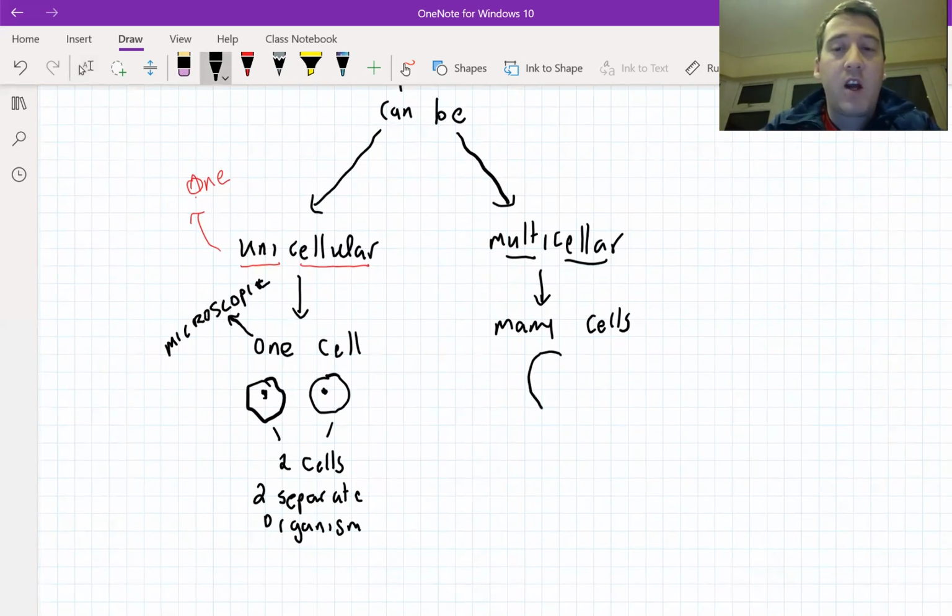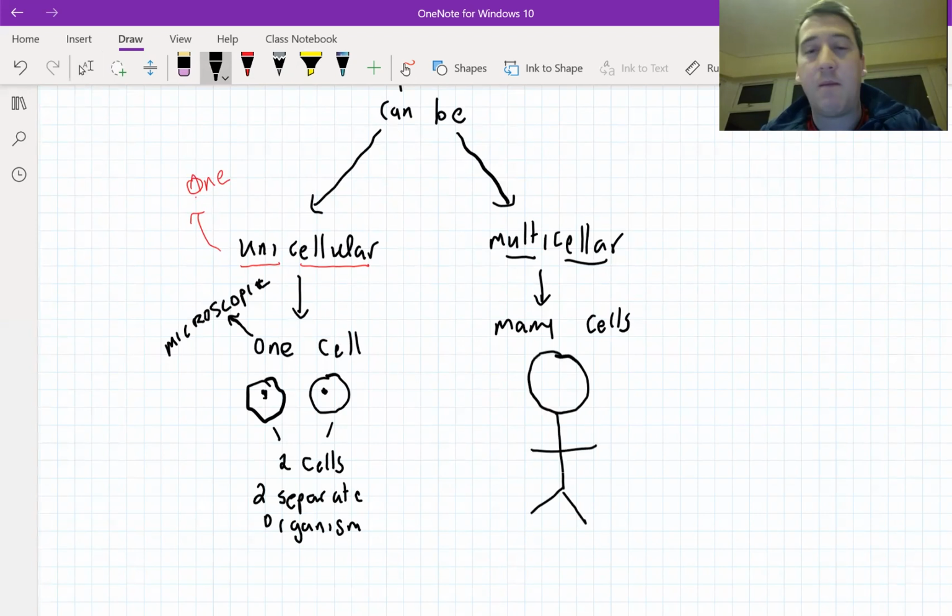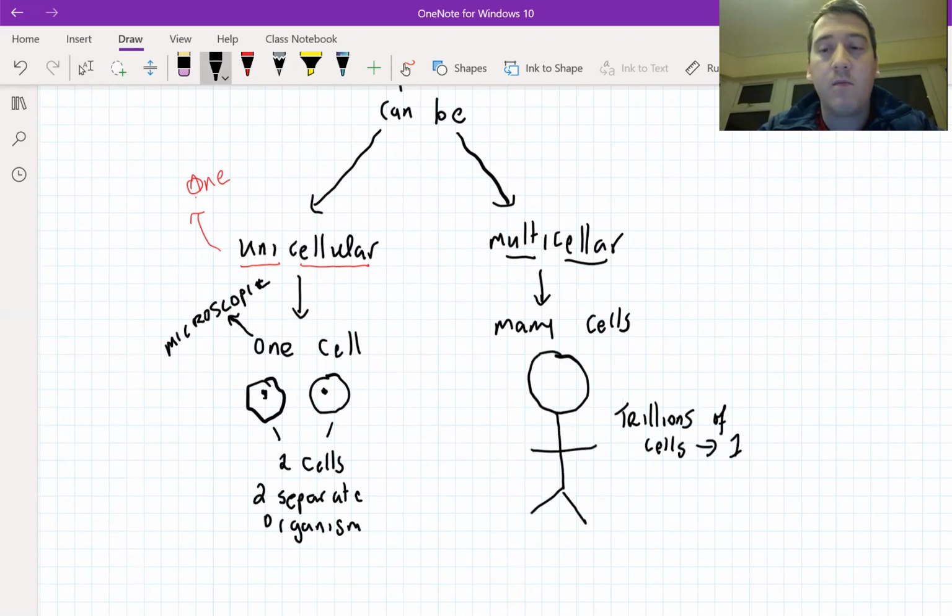If we look in contrast at a multicellular organism, we generally tend to have more complex structures. So, for example, a human. If we take a human, we're talking about trillions of cells to make one organism.